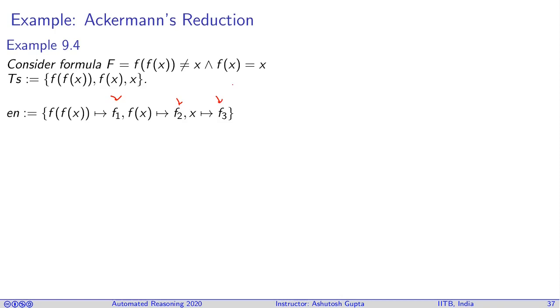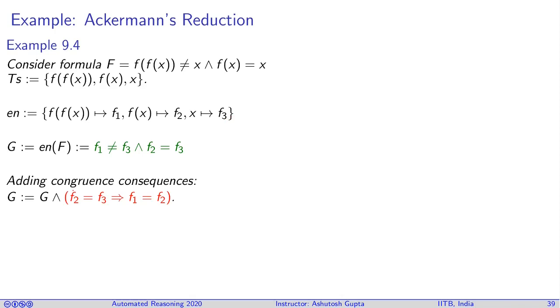So we need to apply all axioms that can be applied on these three symbols f1, f2 and f3 and create all the clauses for it. First you take the input formula and translate it into your encoding. So you say f1 not equal to f3 and f2 equals f3. Now the complex terms are gone and simple symbols are left.